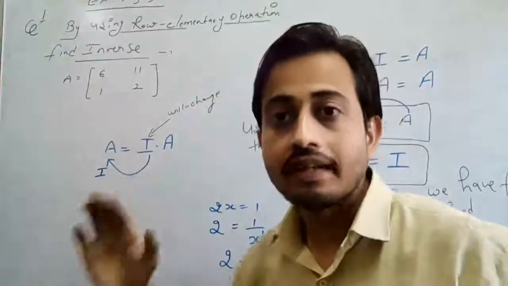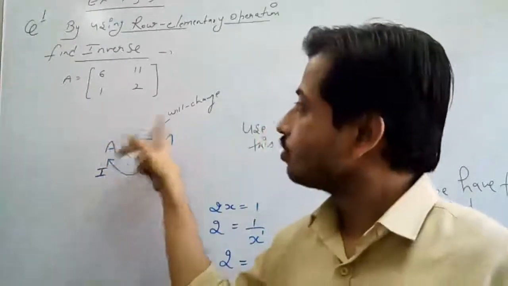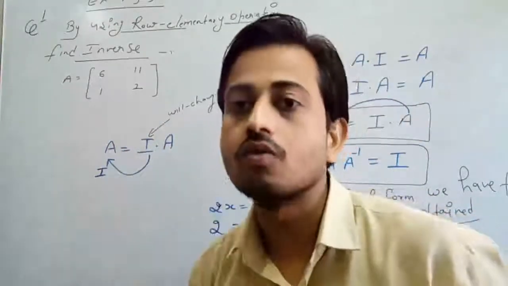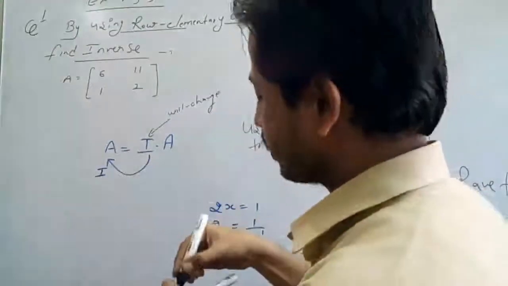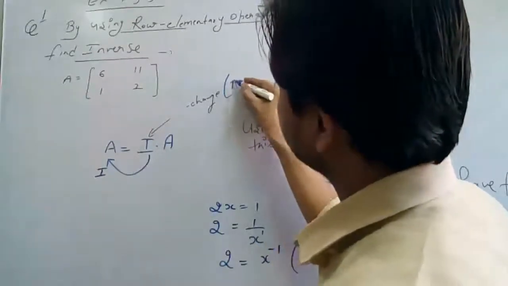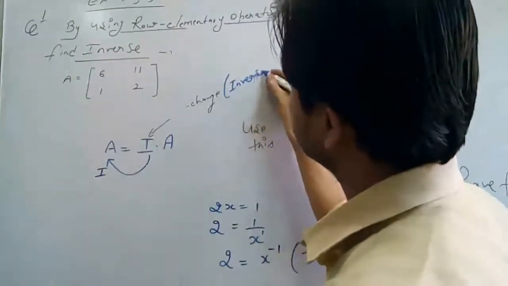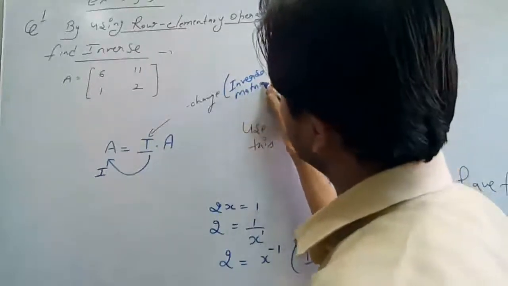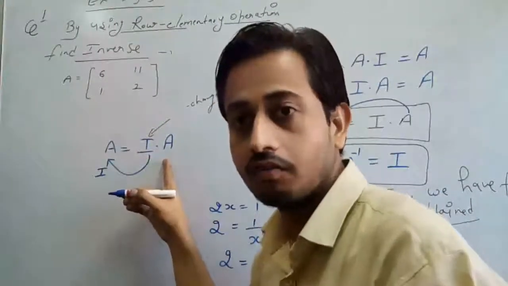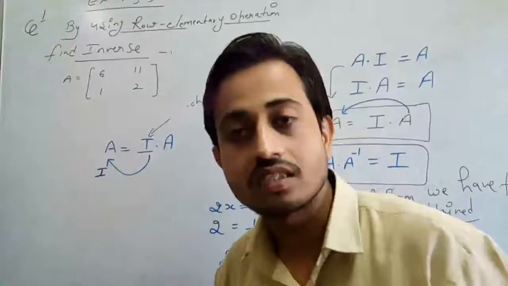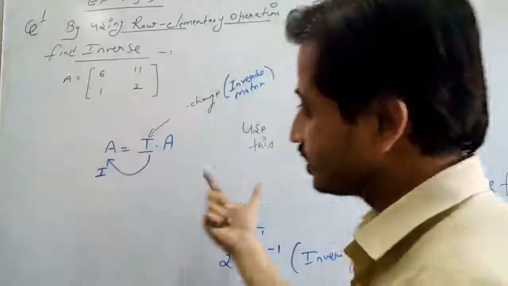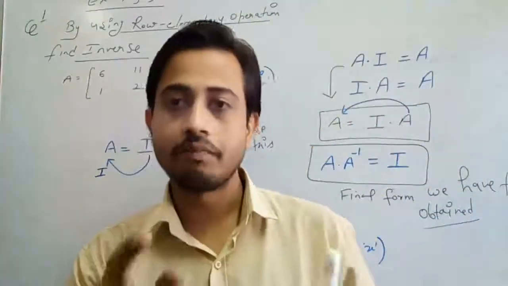So this identity matrix will be changed, and the changed matrix is our inverse matrix. So what we have obtained here is A inverse. I hope you understand this concept. Please make a note.